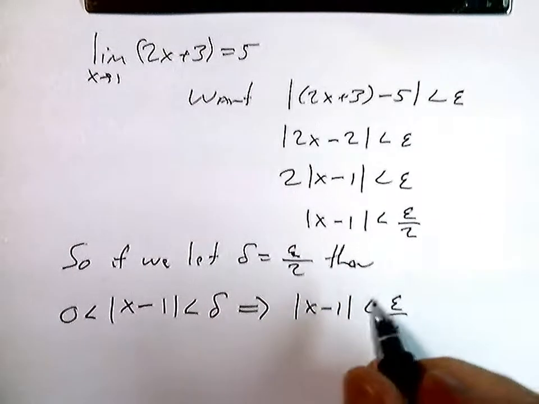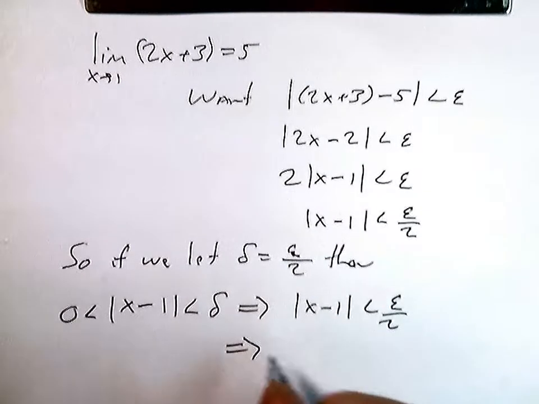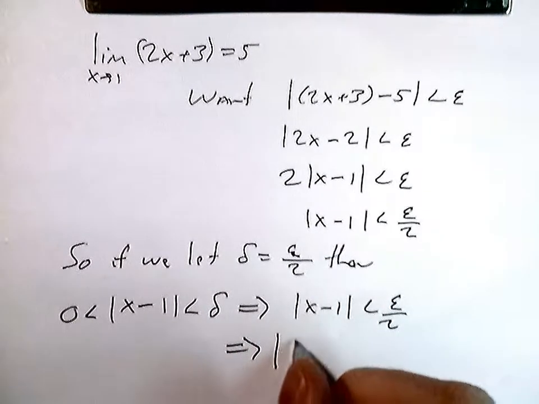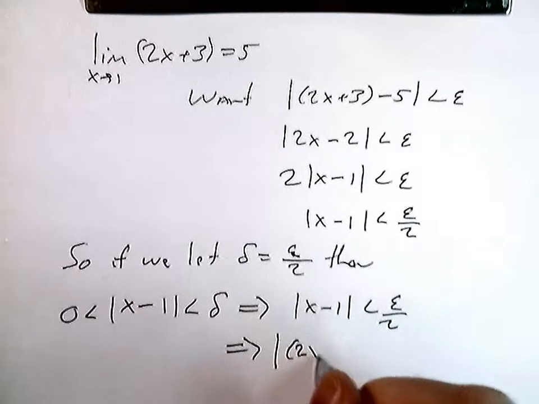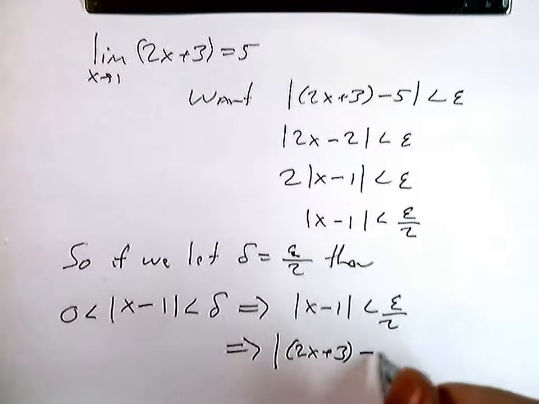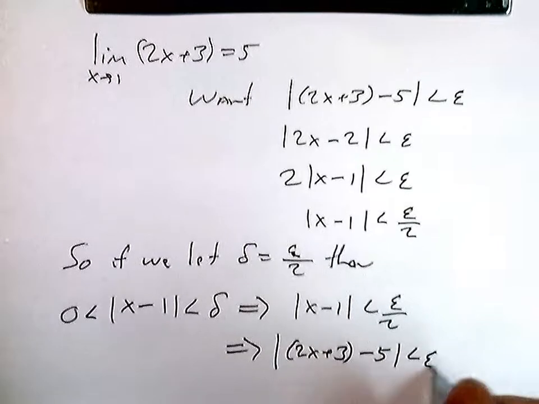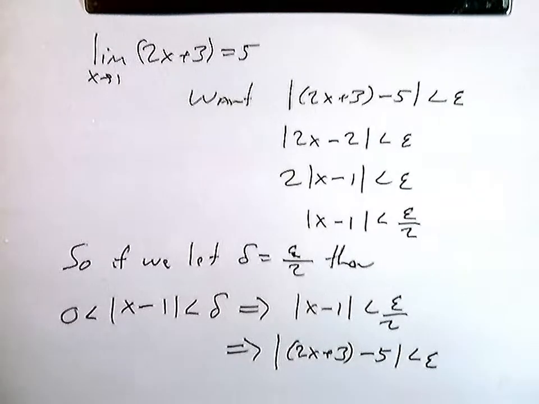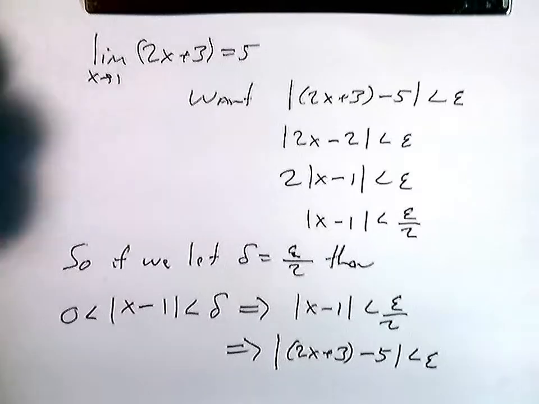And we can do all these steps in reverse and eventually get absolute value of 2x plus 3 minus 5 is less than epsilon. So that proves that the limit as x goes to 1 of 2x plus 3 equals 5.